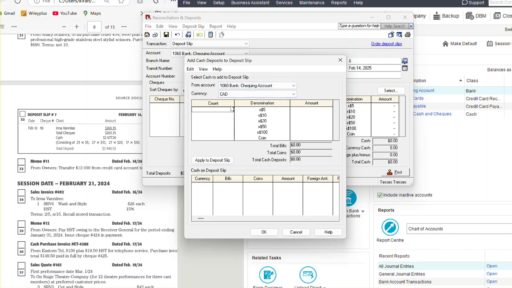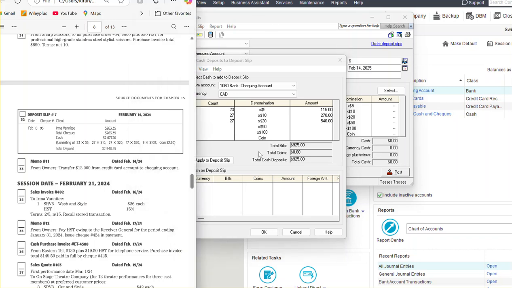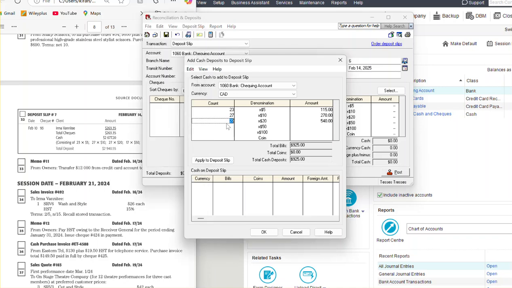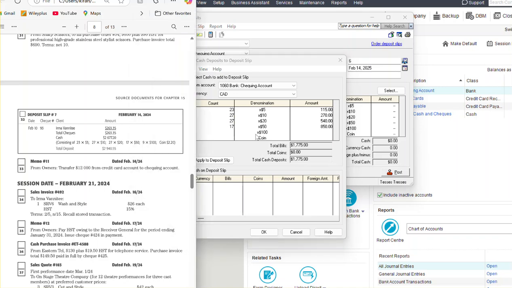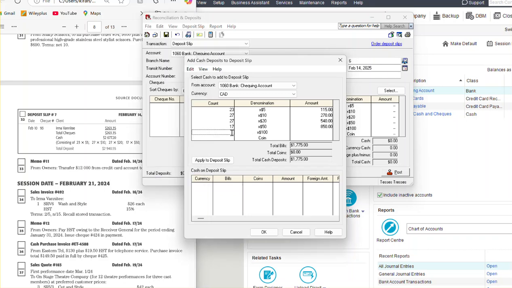How much money do we have? 23, 27, no, 20, 27, 27 again, 17, and we have 9 and 220. 9, and the coins I have was $2.20.